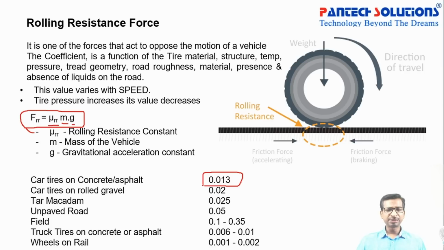That is a very small constant value. The maximum depends on the road roughness, so you have to take care of all the points like road conditions, upgrade or downgrade values, and the type of your vehicle's tires.